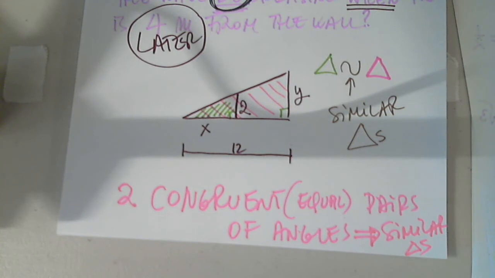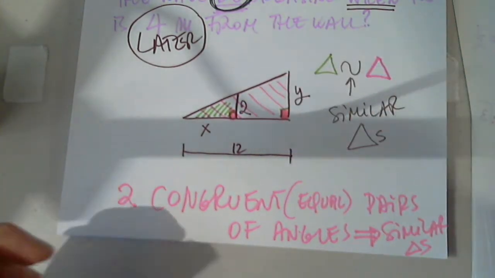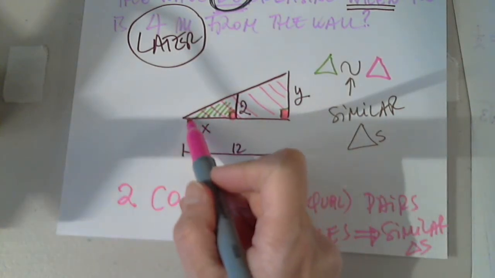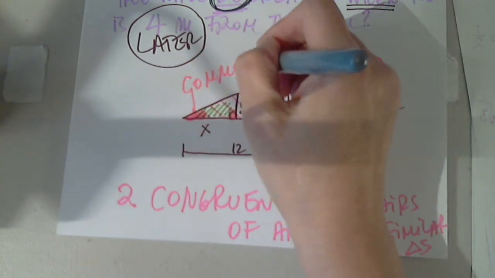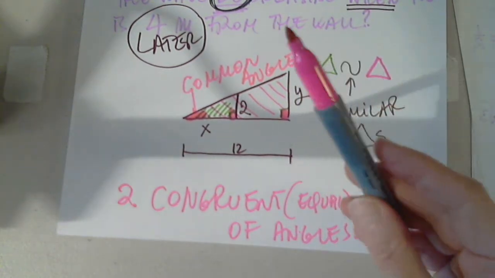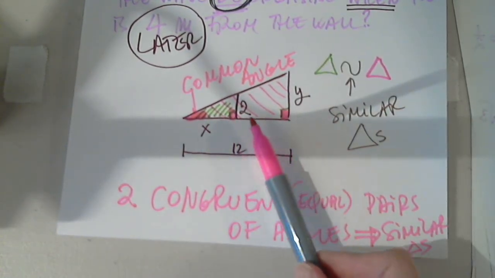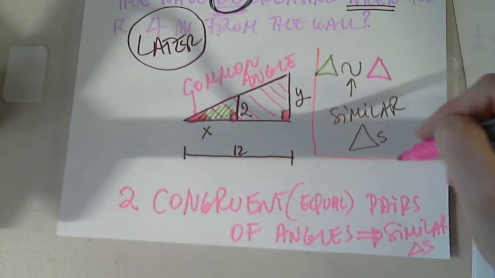What about three pairs? Well, if I have two, the third pair has to be the same. Oh yeah, no problem. First of all, they are both right triangles. So two angles are the same. And this is a common angle. So if two triangles have a common angle and another pair of equal angles, they are similar. There is no discussion.